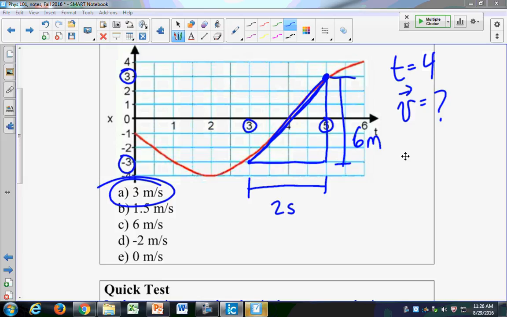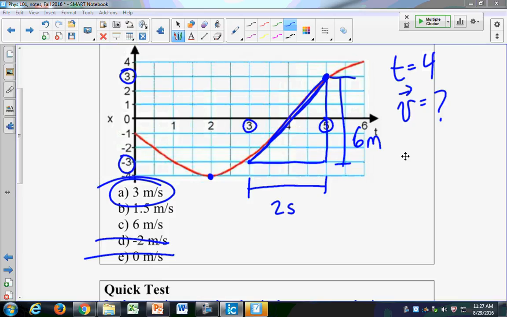Notice that on this one, you could have immediately gotten rid of D and E right away, because those are negative or 0, and you know that the slope is neither negative nor 0. By the way, what would it be, say, right here at 2? Don't write anything down, but just think about, what is the slope at 2 seconds? 0. It's going to be 0. My tangent line here would be right here, and then I'm not sure this is right, but if this was one of the right answers, what would the slope here be?